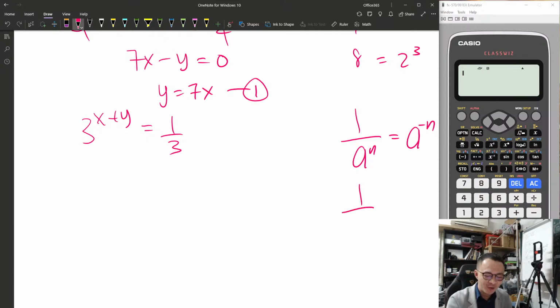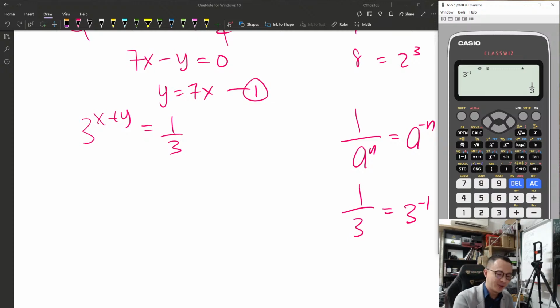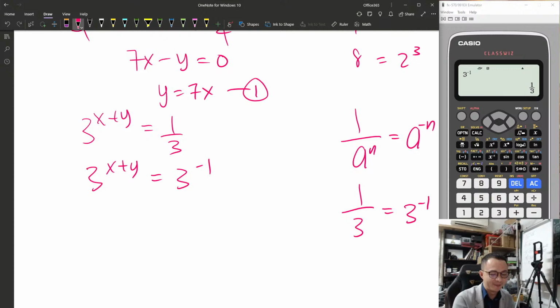So 1 over 3 basically means 3 power of negative 1. Why negative 1? Because when I don't see a number in the power here, it basically means 3 power of 1. If you don't believe me, you can type 3 power of negative 1. Yep, you get 1 over 3. So this is what I want to do: I will change the 1 over 3 into 3 power of negative 1.